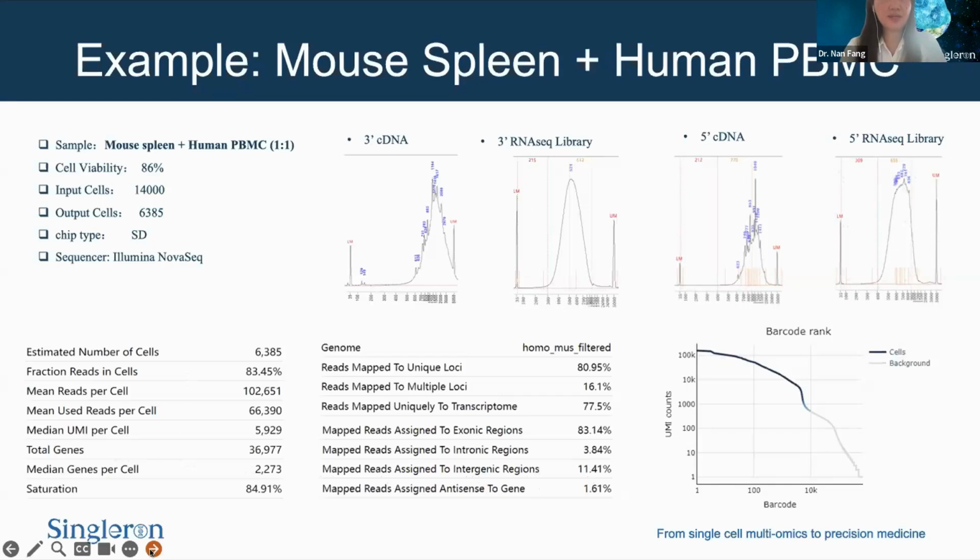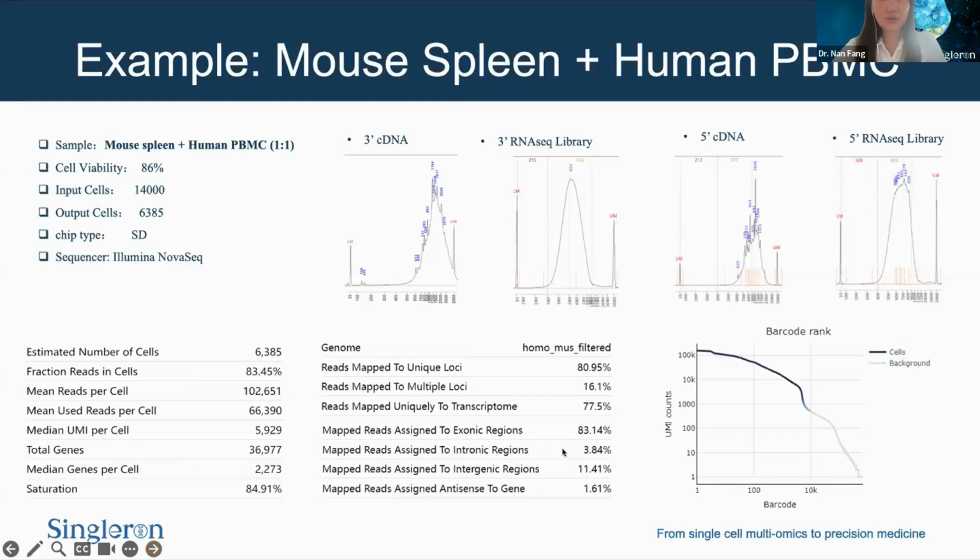So in this case, as you can see here, we could detect altogether about 6,000 UMIs per cell in medium and 2,273 genes per cell. This enables deeper detection of RNA by combining both 3' and 5' ends of libraries.